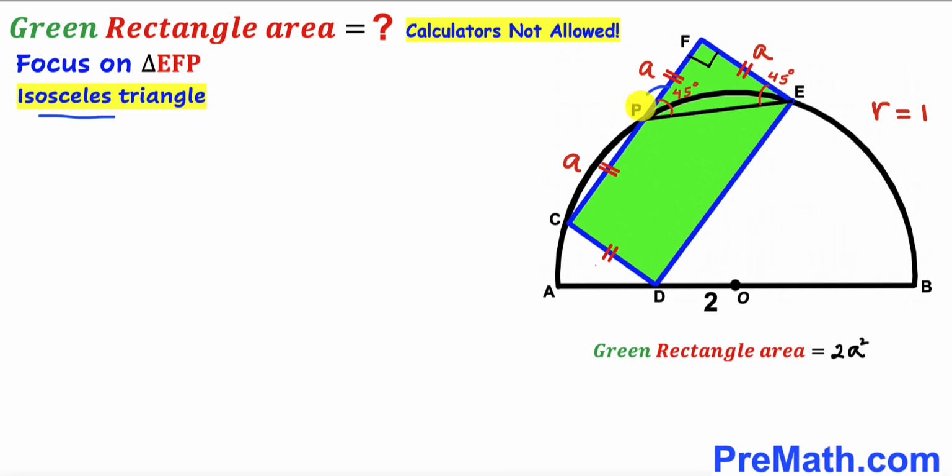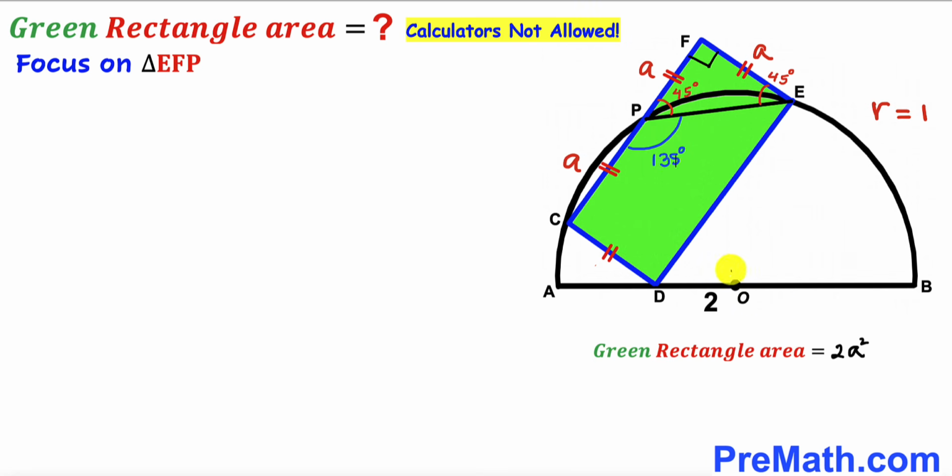So this angle has got to be 45 degrees, and likewise this angle is going to be 45 degrees as well. And now let's make an observation. We can see this whole angle is 180 degrees, and this angle is 45 degrees. So this remaining angle has got to be 135 degrees.